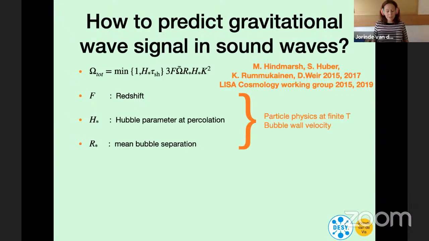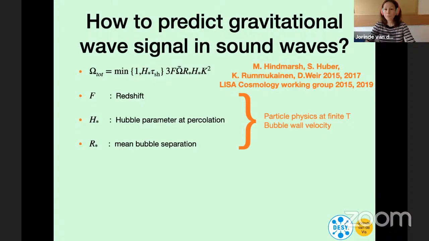Now, imagine that you are a model builder. You have come up with some model which gives you a first order phase transition, and then you want to predict the gravitational wave signal. Then in principle, you would have to run numerical simulations, but these are very computationally expensive.